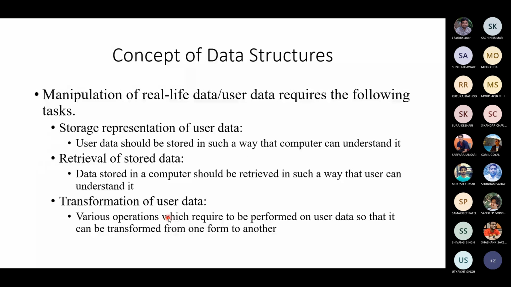So now let us get into the concept of data structures. Manipulation of real life data or user data requires three tasks. The first is that we need to store the data in such a way that the computer will understand it, the storage representation of the user's data.